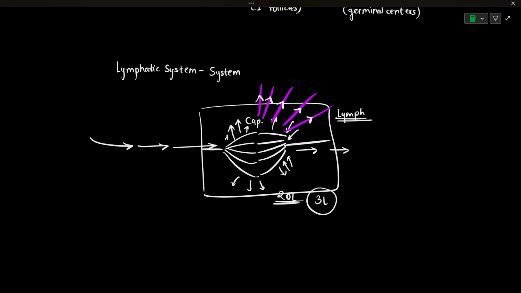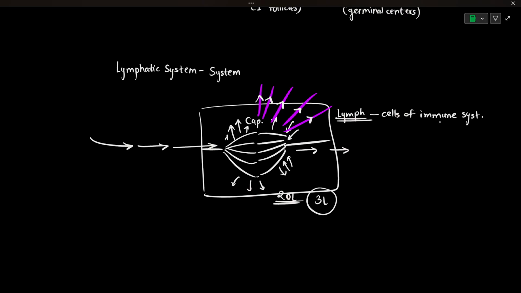This lymph has different cells, the cells of the immune system. It has the blood plasma component but is rich in proteins, and it has other components as well. So when interstitial fluid enters the lymph vessels, it is referred to as lymph.